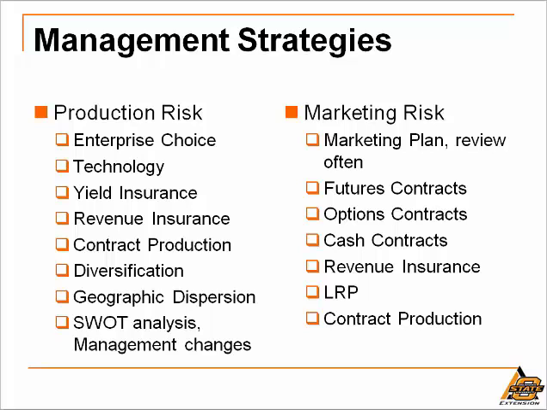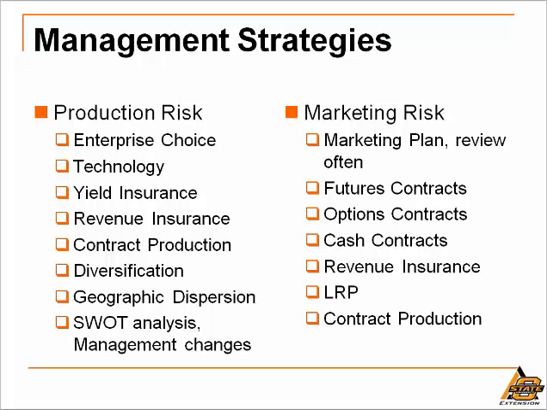Geographic dispersion can help, as weather events may not impact all of your farm locations the same. The strategic SWOT analysis discussed in an earlier segment can help identify management changes that can be made to improve production certainty.